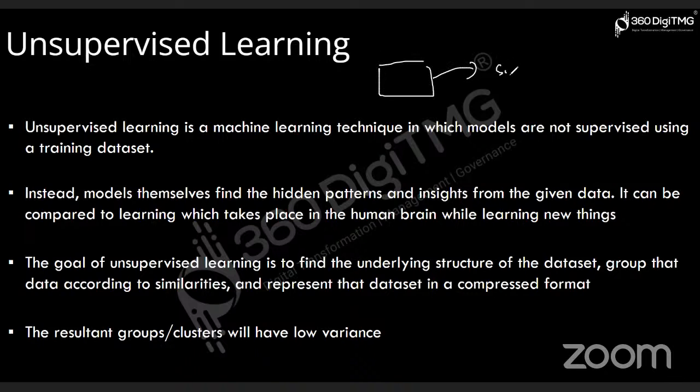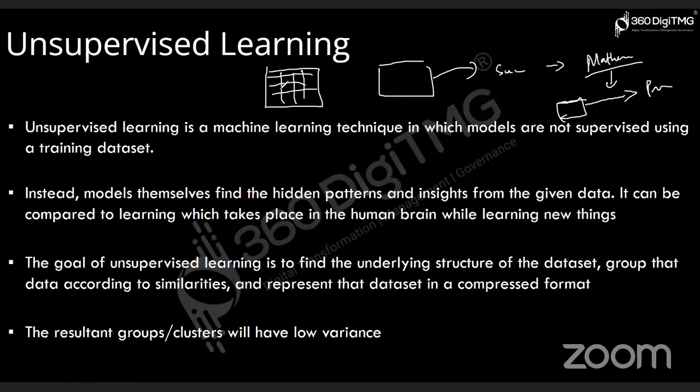Using this, we supervise and form a mathematical equation. Using this mathematical equation, we can do prediction on the test data set. But here no training data set is there. We have just a data set from which we try to find insights or patterns.